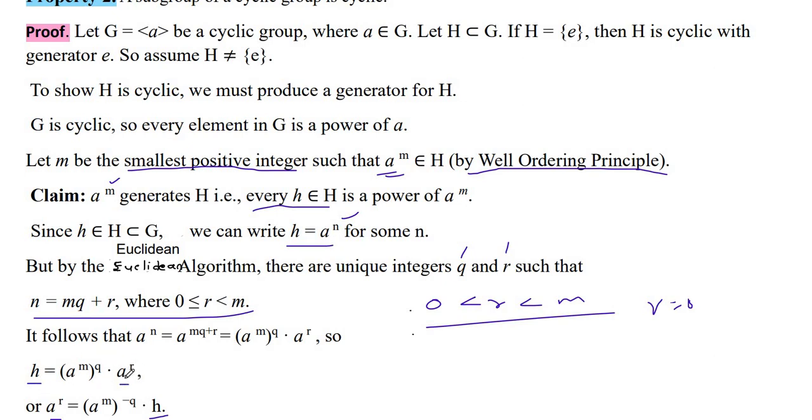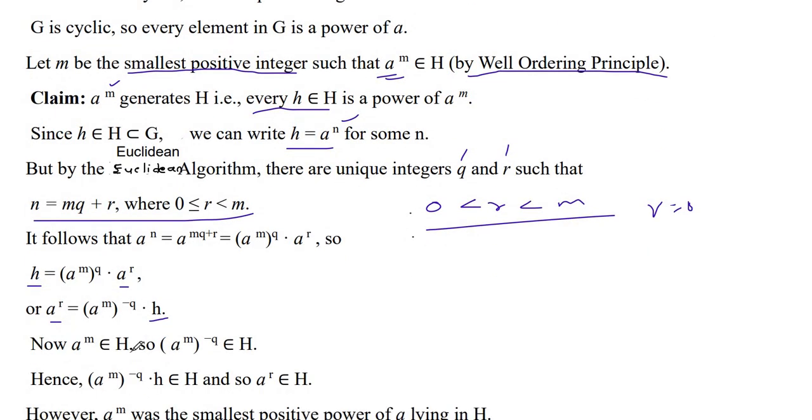Now retaining a^r, taking the rest to the other side, that is pre-multiplying both sides by a^(-mq), this is what we get. Now already a^m is in H, so you have this also to be in H, and hence the product will also be in H because already h is in H. So we have this to be in H, this to be in H, and therefore a^r should be in H.